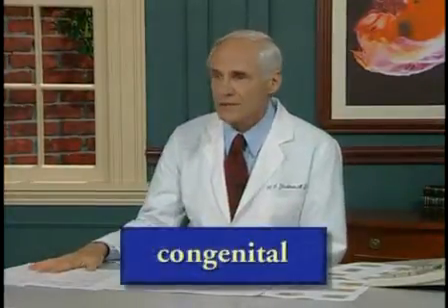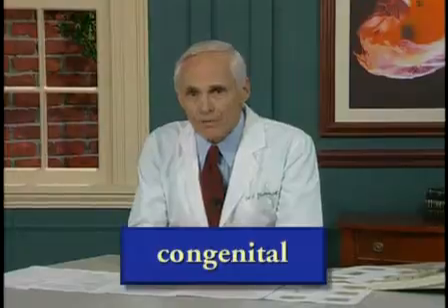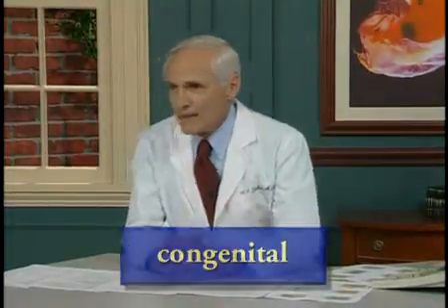And finally, we have an important word called congenital, which means with birth. It means that whatever we're talking about was present at birth. Now, this does not have to be genetic or inherited. You can have a baby that was born to a mother that was a cocaine or heroin addict. That baby has a congenital heroin addiction.